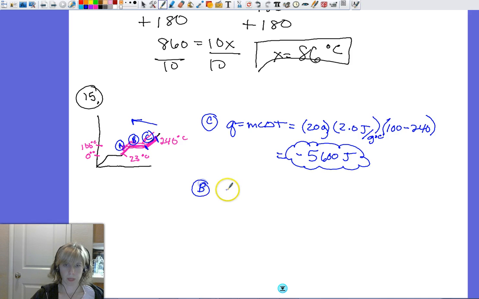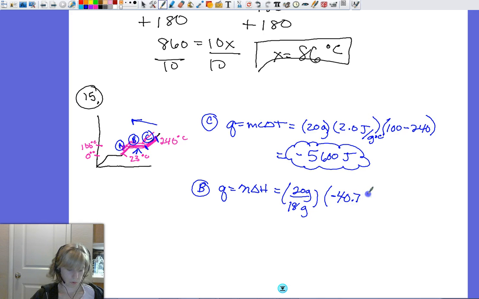Now let's move on to B. B is this region right here, and that's going to be condensing, so we need to use our Q and delta H. So our moles, we're going to take our 20 grams, divide by the molar mass, and then multiply it by our delta H, which for condensing is negative 40.7 kilojoules per mole.